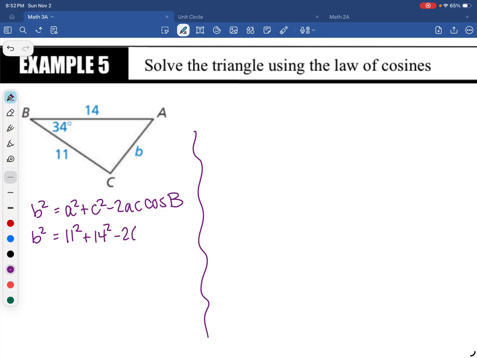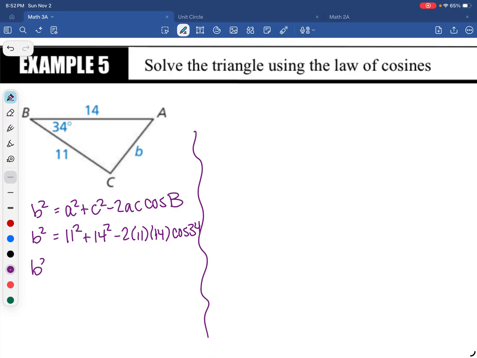And so 2 times 11 times 14. And angle B is 34, so cosine 34. All right, this is a plug and chug into the calculator. 11 squared plus 14 squared minus 2 times 11 times 14, cosine 34.